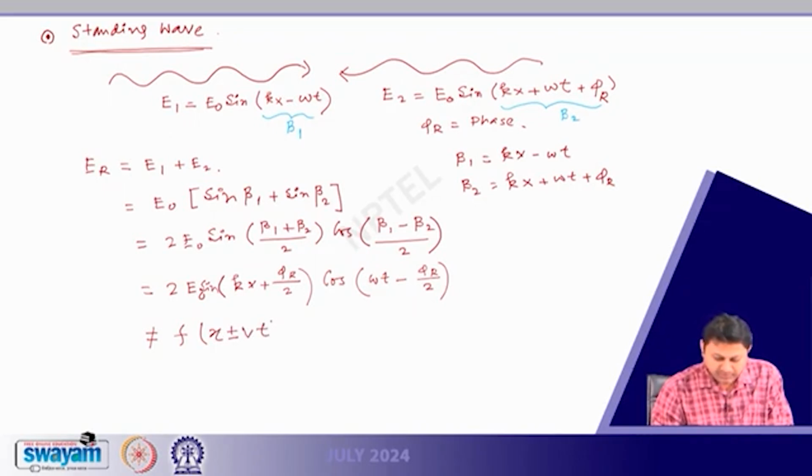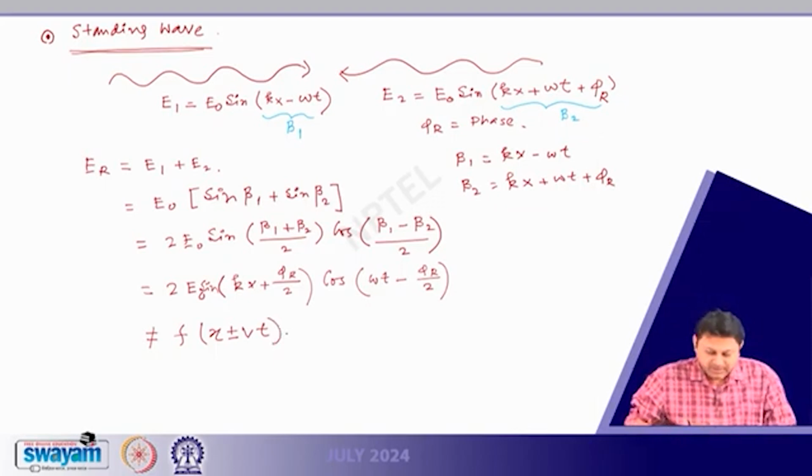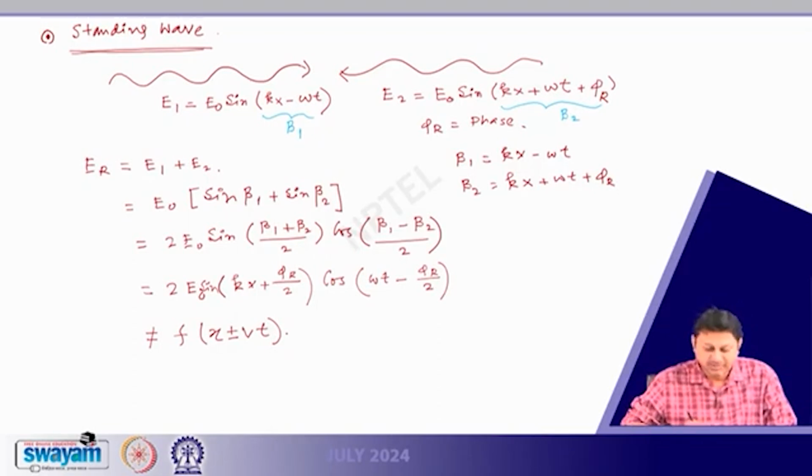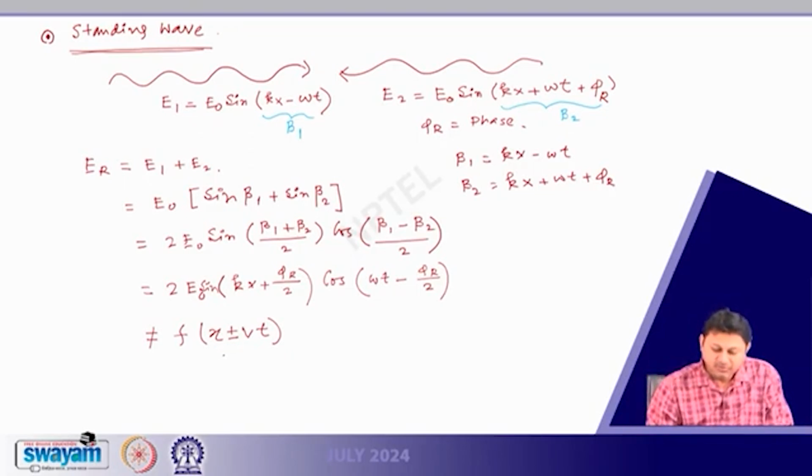Even though we start with two propagating waves, when they are superimposed, I can separate the space coordinate and the time coordinate individually, and it is not in the form of x plus minus vt. If it is not in that form, this is not a propagating wave. So the resultant wave we have is called a standing wave. It is standing in the same place.